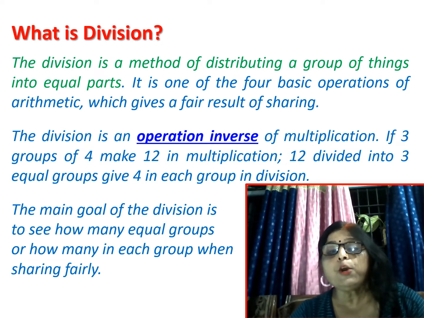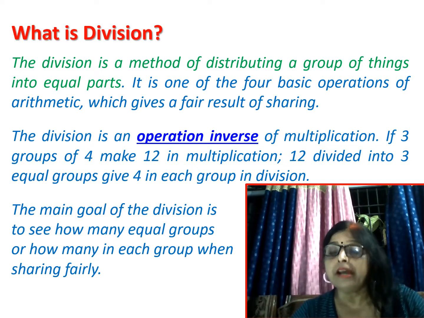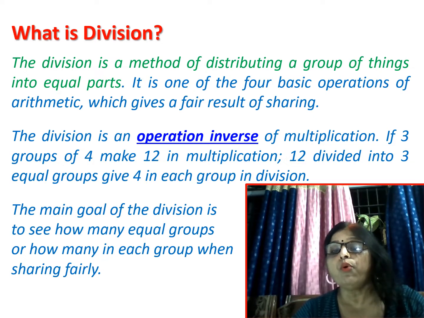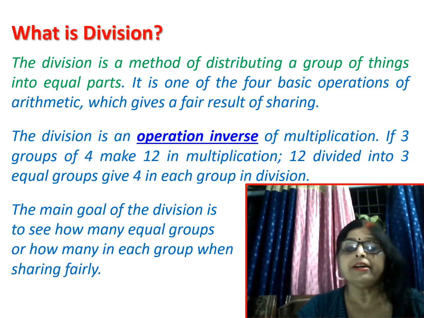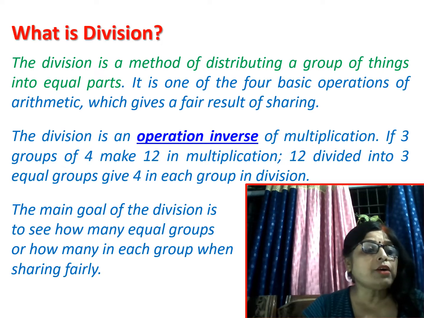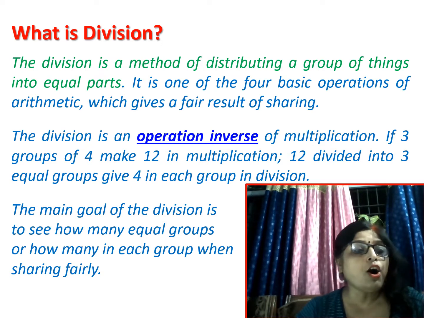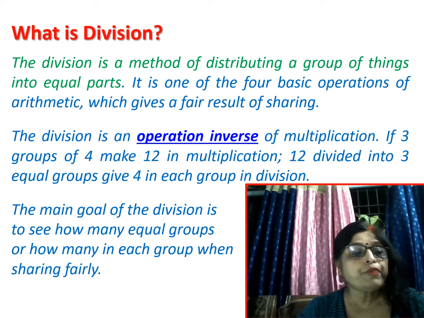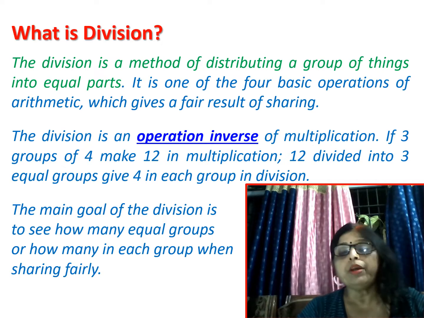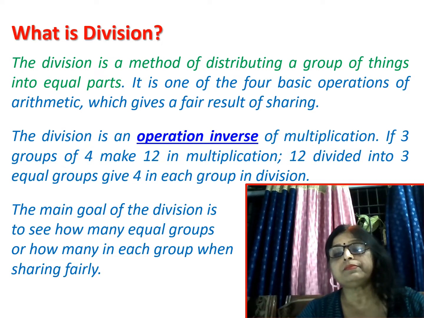If 3 groups of 4 make 12 in multiplication, then 12 divided into 3 equal groups gives 4 in each group in division. So, you can conclude that the separation of something into different parts and the sharing of something between different people or groups is called division.